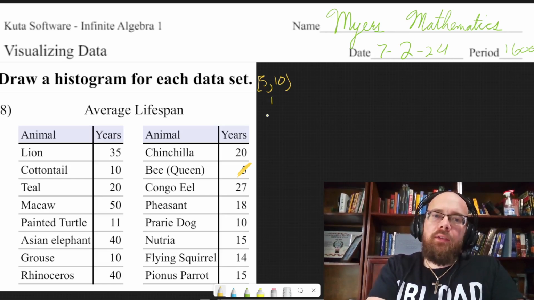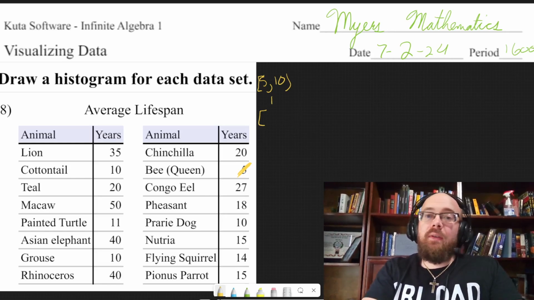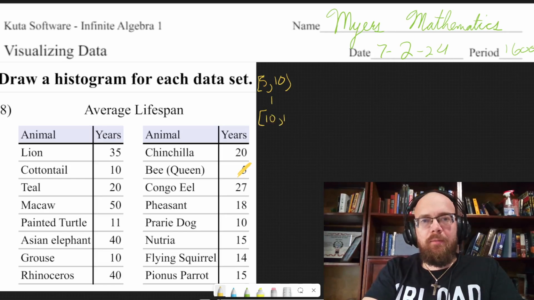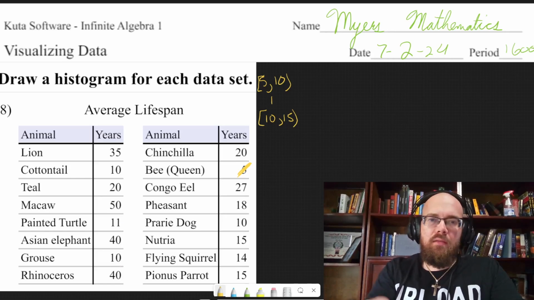All right, so then from 10 to 15. So including 10, not including 15. How many? Well, we have the cottontail. So from 10 to 15: 1, 2, 3, 4, 5.